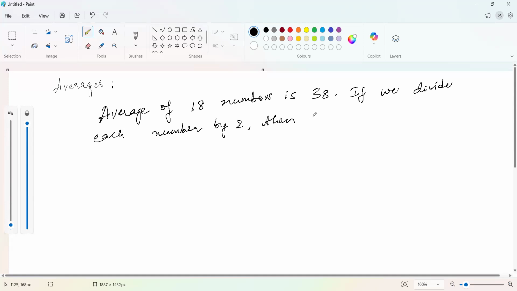This is also easy. Earlier, I gave you a hint for the previous to previous question.